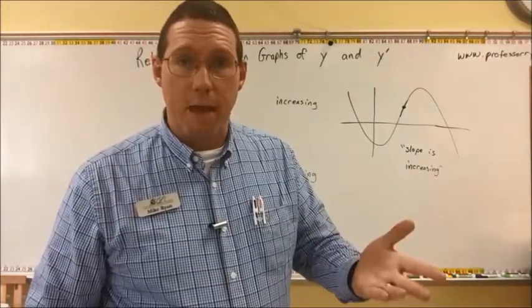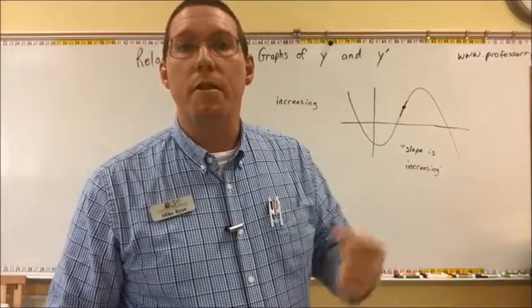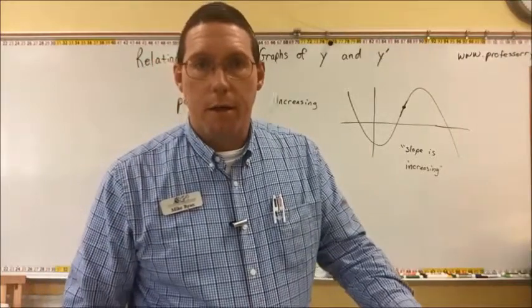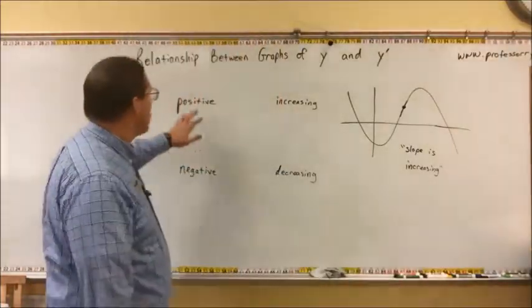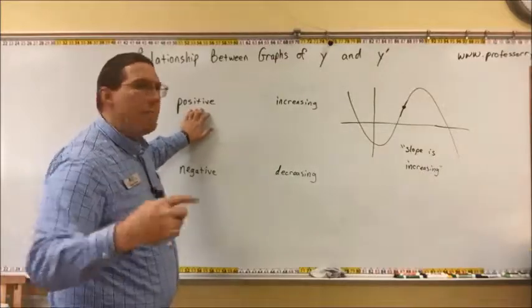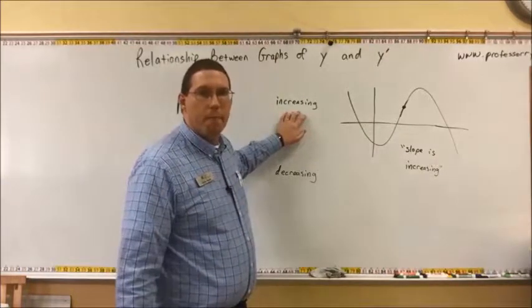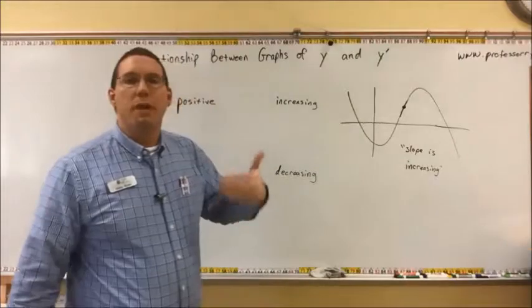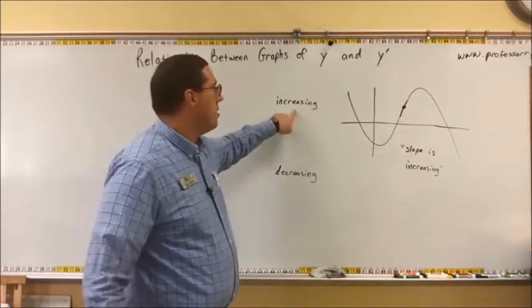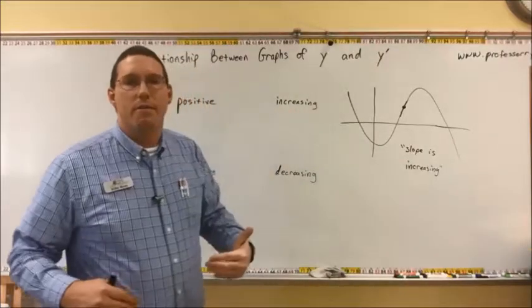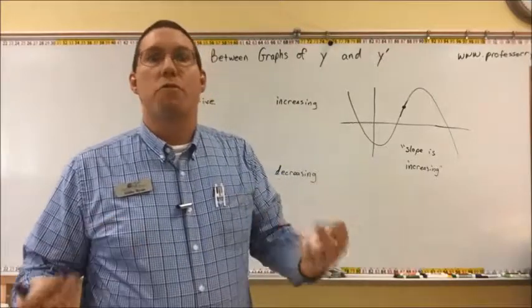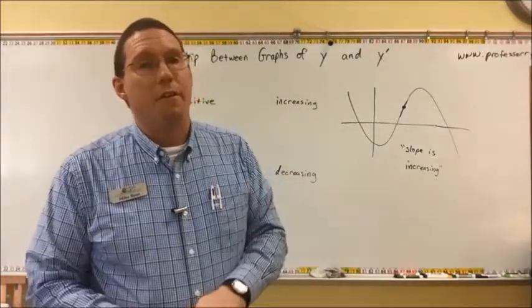Or what they mean to say is that the slope is positive. See, when you say the slope is positive, that means increasing. But we don't generally say that the slope is increasing. That is a reference to the second derivative, which we haven't discussed yet.